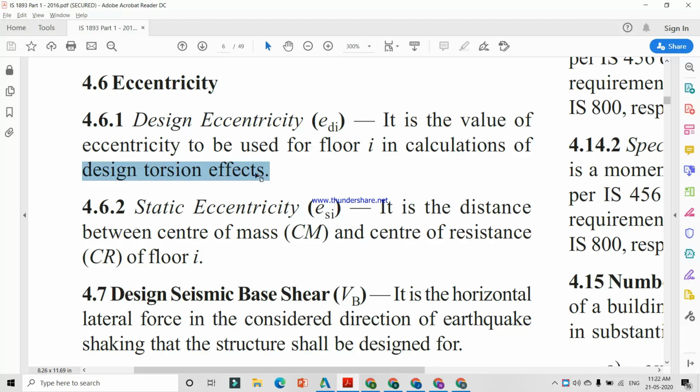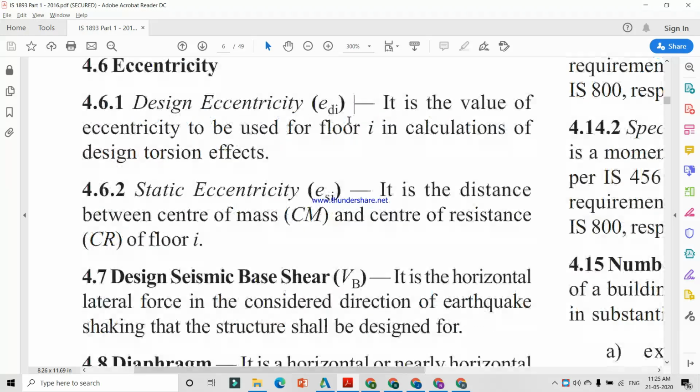Generally, design eccentricity is useful for the calculation of design torsional effect. The next is static eccentricity. This is the distance between the center of mass and the center of resistance of the floor. Generally, the design eccentricity value should be taken as 5% of the seismic building weight.